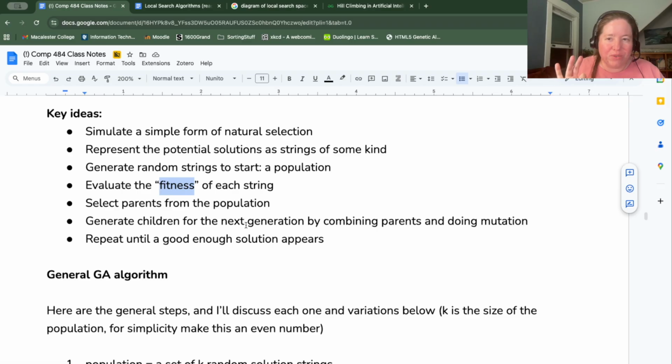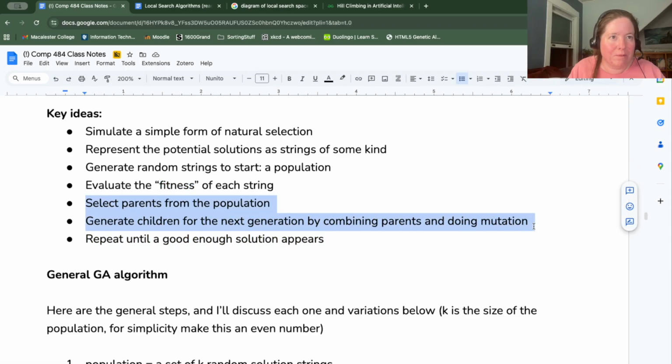Where genetic algorithms get really different from the other local search algorithms is in what happens next. These two lines. Because always before, we thought of the state space as having neighbors that were similar in form. And I guess mutation is the closer of the two to what we've done with hill climbing and other searches.